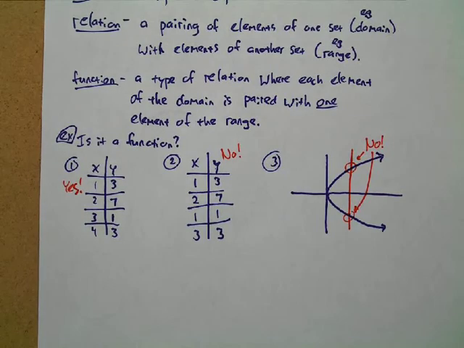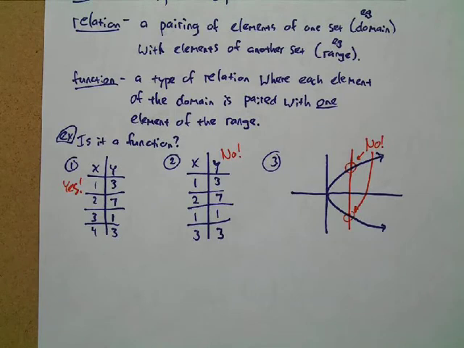Now, if I changed this point right here, instead of it going 1, 1, if I said 1, 3, would it now be a function? It's the same point, right? So that x value of 1 is associated with what y value?